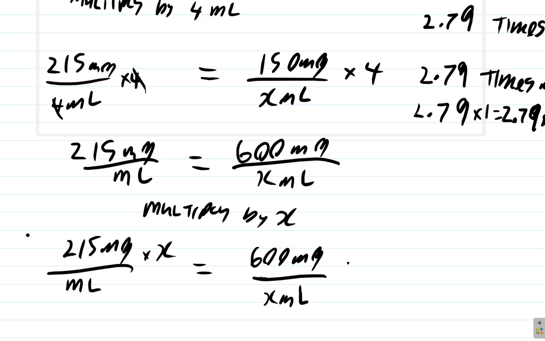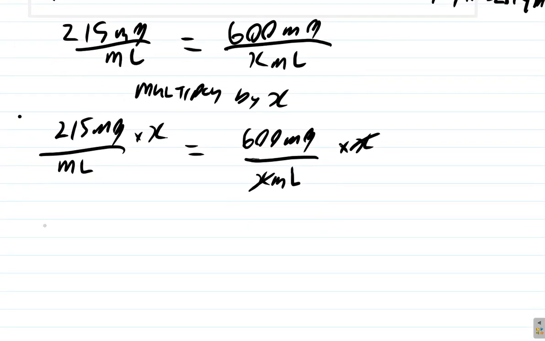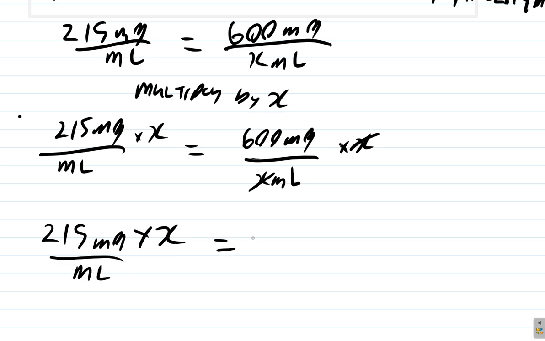I multiply this by x as well. X cancels x. So what you're going to have is 215 milligrams per milliliter by x equals 600 milligrams per milliliter.